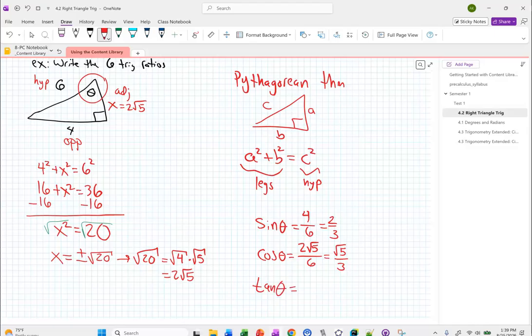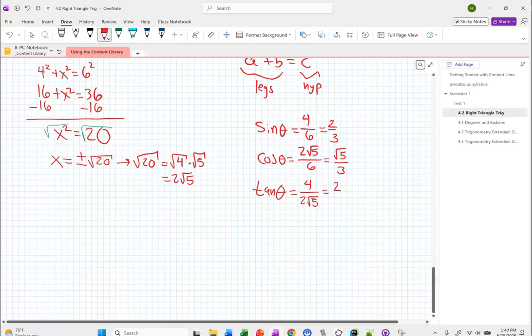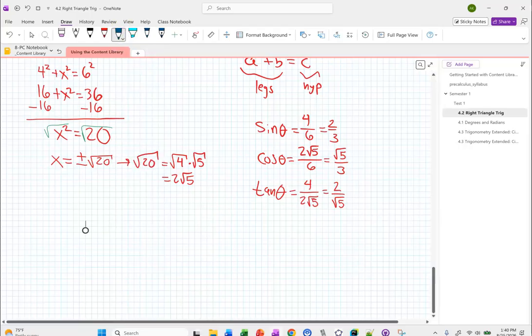Tangent is opposite over adjacent. So opposite is 4. Adjacent is 2 root 5. Everybody okay there? Again, I noticed that I can reduce. So let's go ahead and do that. And then I also observe that I need to rationalize that denominator, right?